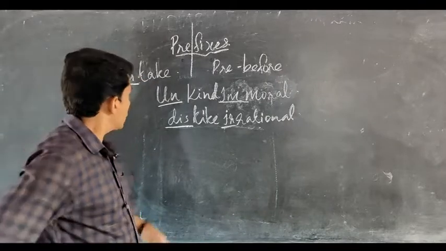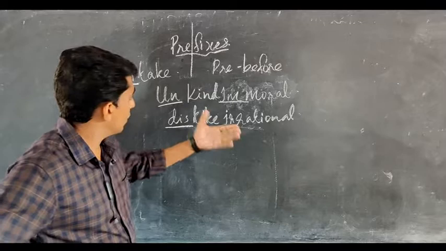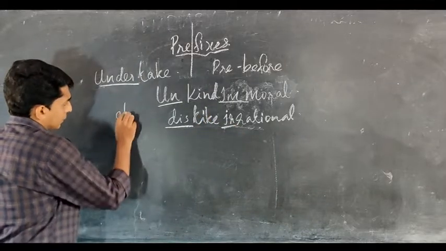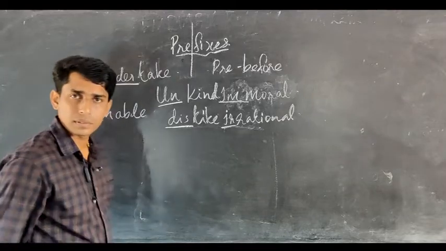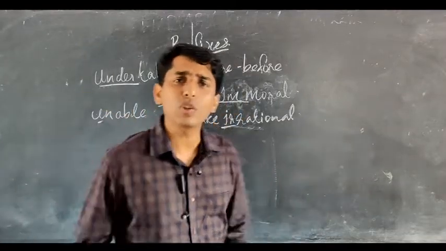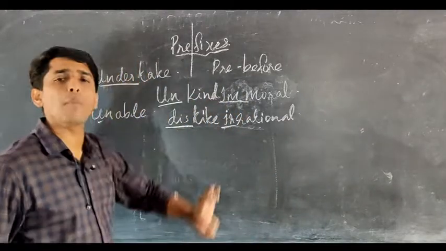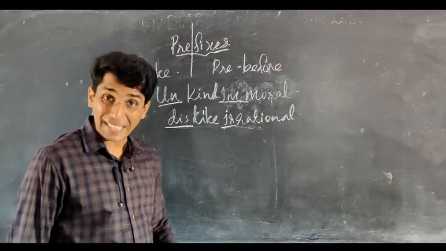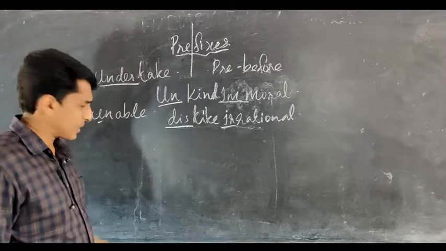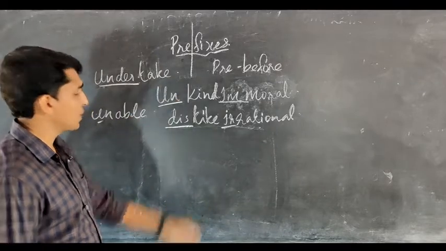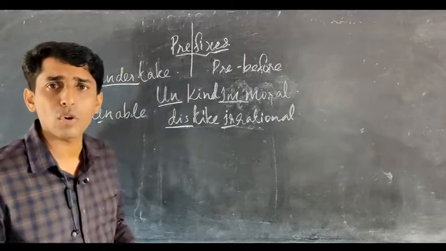Okay. So, another one. Able, unable. So, mainly we use prefixes to find out the opposite of the word. But here it is different. It's not only for opposite words, but the common use of prefixes is just to find out the opposite.